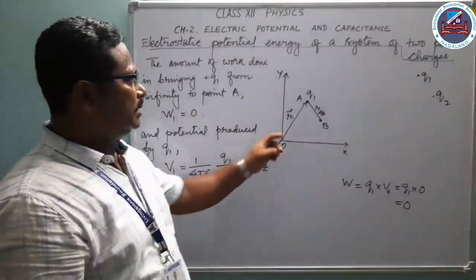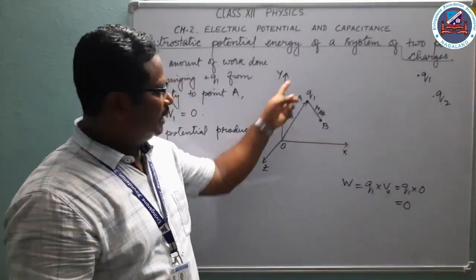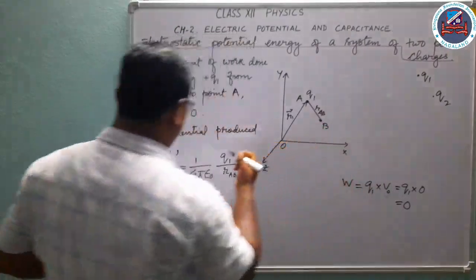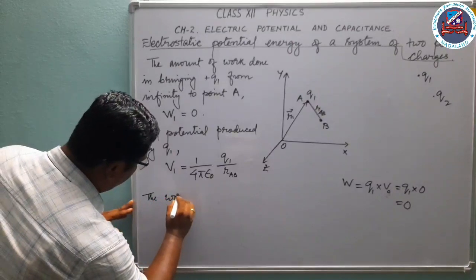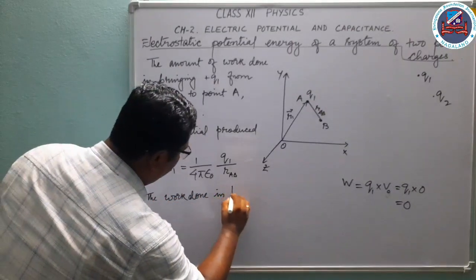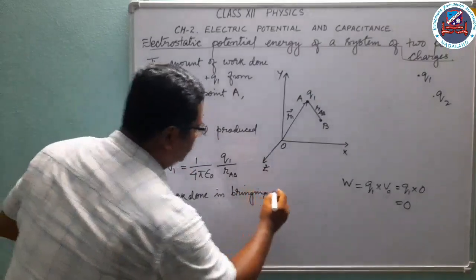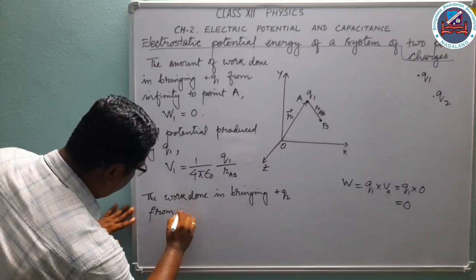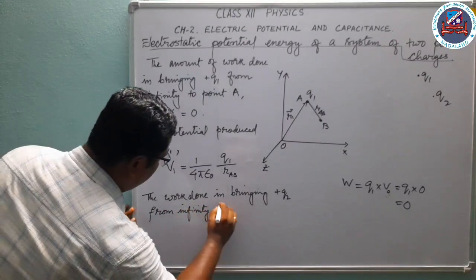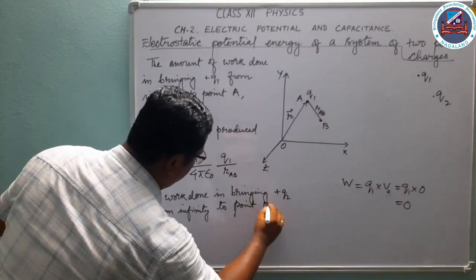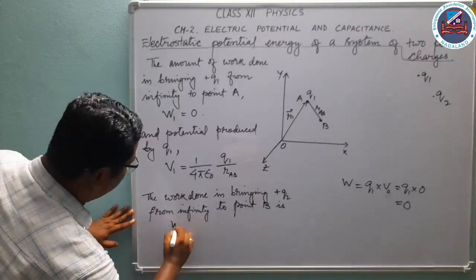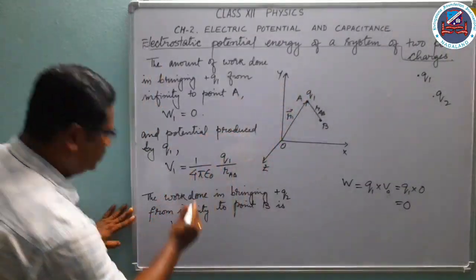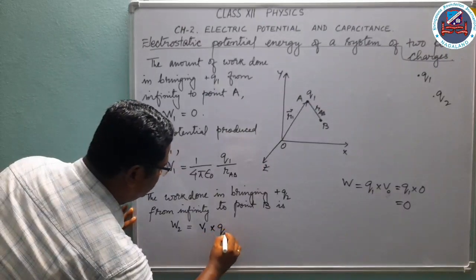Now this potential that is developed in the XY plane, when you bring this charge Q2 at point B, the work done in bringing plus Q2 from infinity to point B is, I'll write this W2, equal to the potential that is developed by charge Q1, this one V1, into the charge that you have brought, Q2.